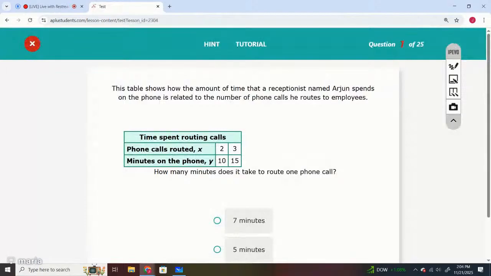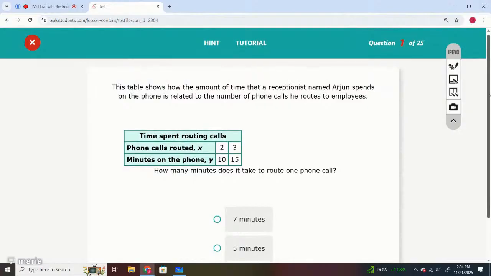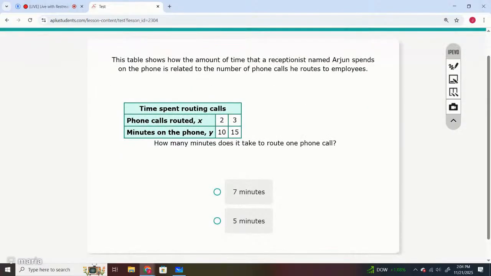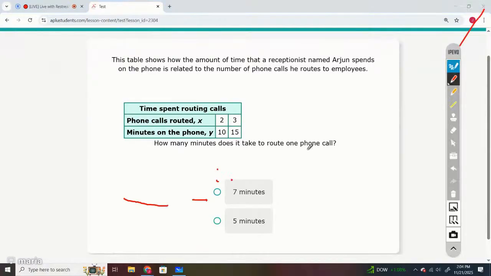This table shows how the amount of time that a receptionist named Arjun spends on the phone is related to the number of phone calls he routes to employees. So we are given the table, the phone calls routed and the minutes on the phone. They represent how long it takes to route one phone call. So basically we need to calculate the proportional relationship, which is y by x.